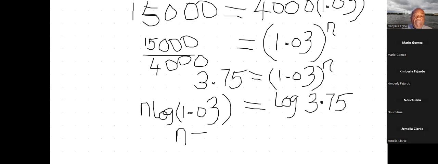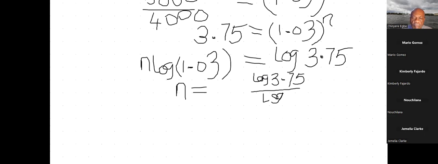N will be the log of 3.75 divided by the log of 1.03. All right, 3.75 at 1.03.